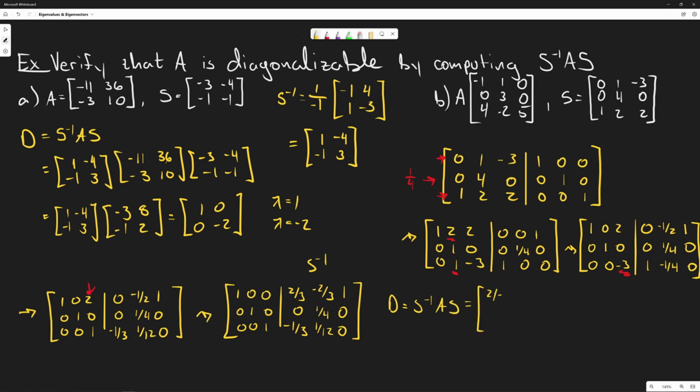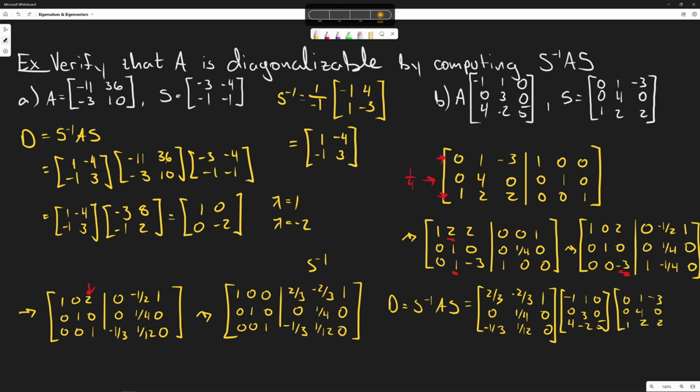So it's 2/3, -2/3, 1, 0, 1/4, 0, -1/3, 1/12, 0. And then multiply by A, which is -1, 0, 4, 1, 3, -2, and then 0, 0, 5. And then you multiply it by S, 0, 0, 1, 1, 4, 2, -3, 0, 2.